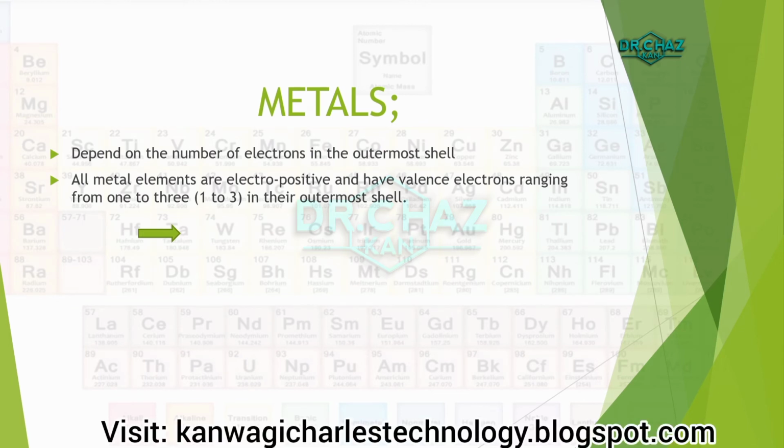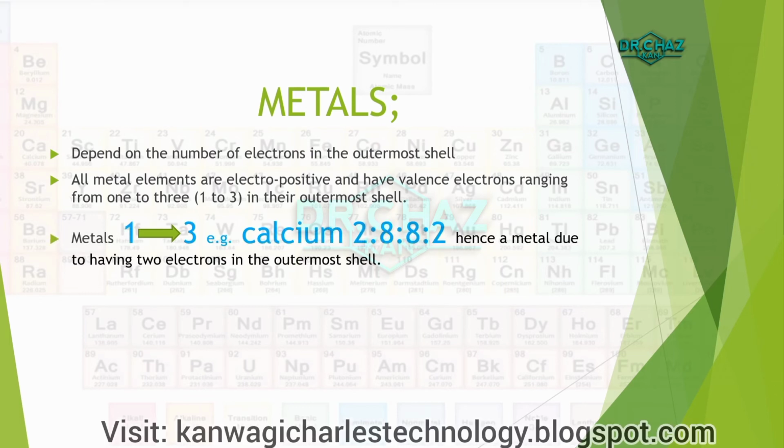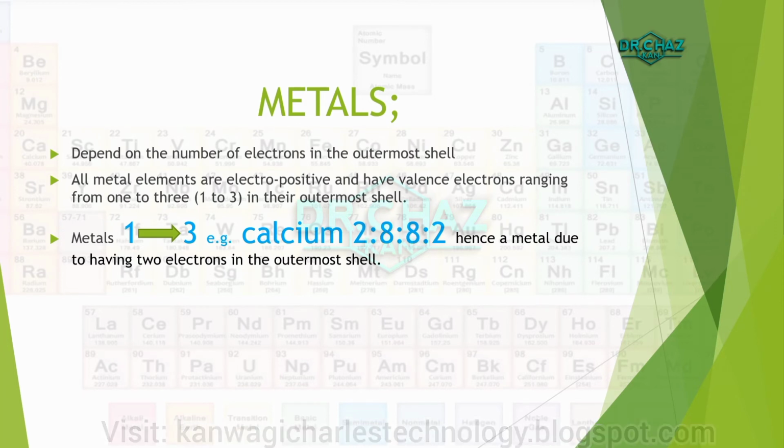So you base on what you see in the electron configuration. When you see that the number of electrons are from 1 to 3, some element that has 1 electron in its outermost shell, some element which has 2 electrons, another one having 3, those are metal elements.